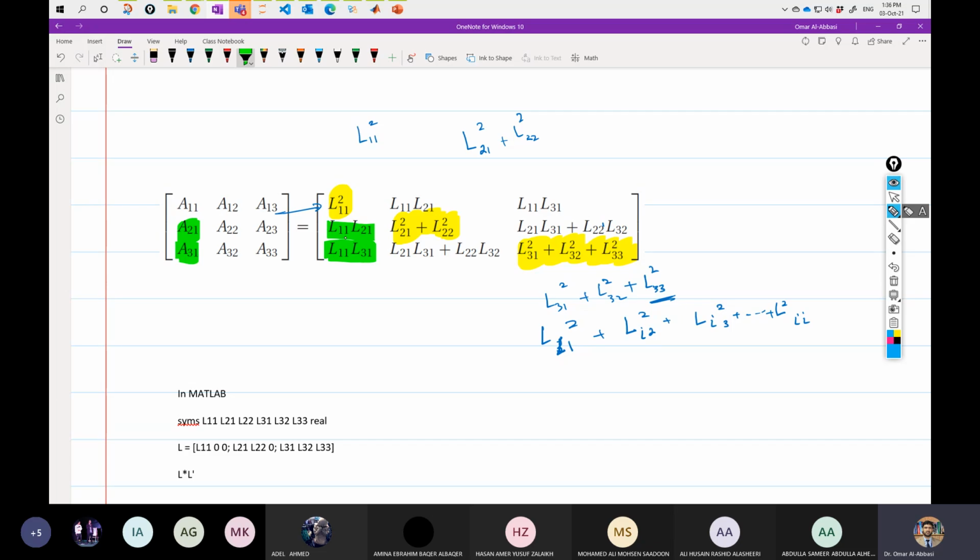So what is happening here? What can we say? Again, I'm looking at a pattern right now. I want to find a formula for that.